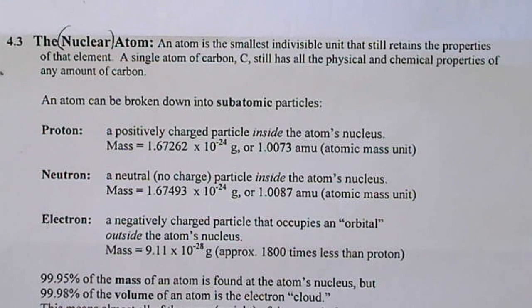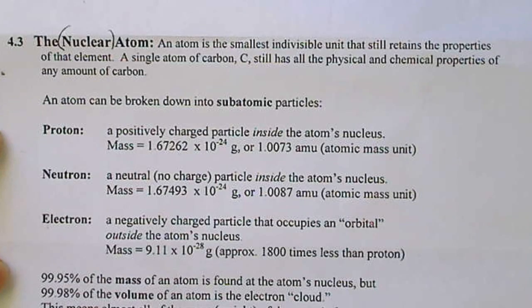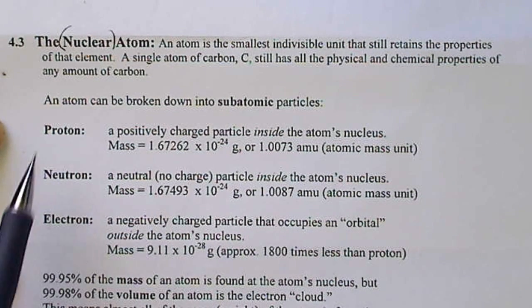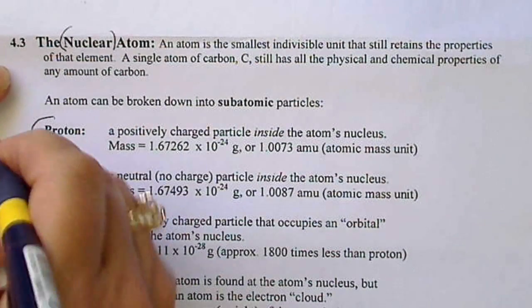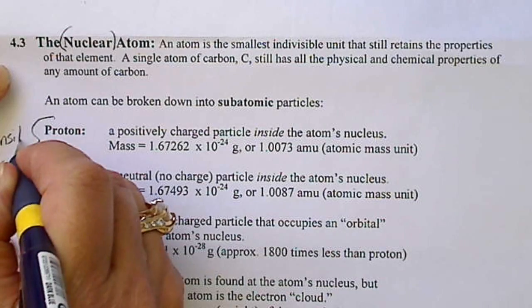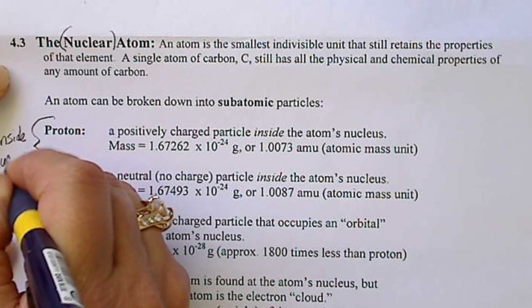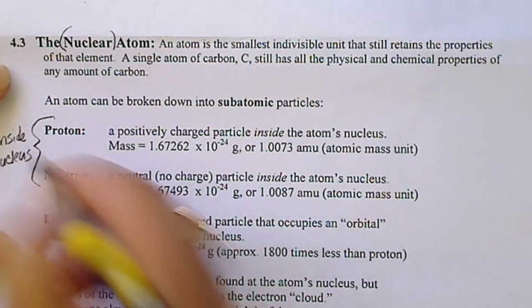If we were able to break down an atom, we would see that an atom is made of three parts: protons, neutrons, and electrons. The protons and the neutrons are inside of the nucleus, so that's at the center nucleus.